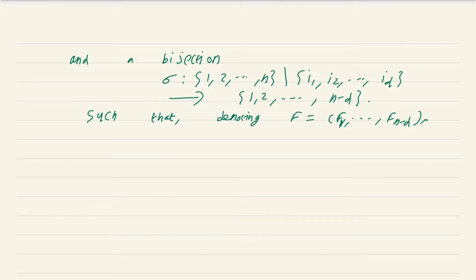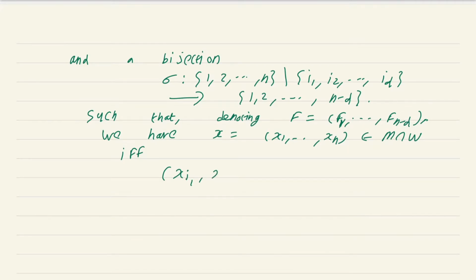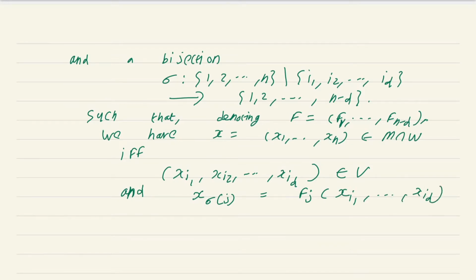Denoting this, we have x equal to (x1, ..., xn) is an element of M intersection W if and only if (x_i1, x_i2, ..., x_id) is an element of V and x_sigma(j) is nothing but f_j of (x_i1, ..., x_id) whenever j is in 1 to n minus {i1, ..., id}.